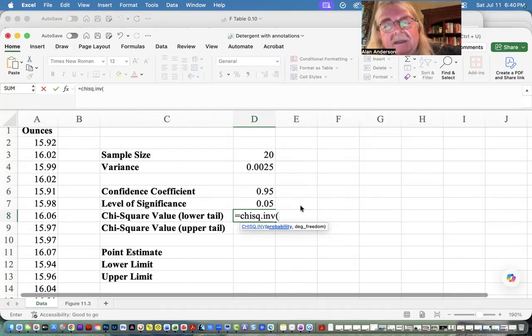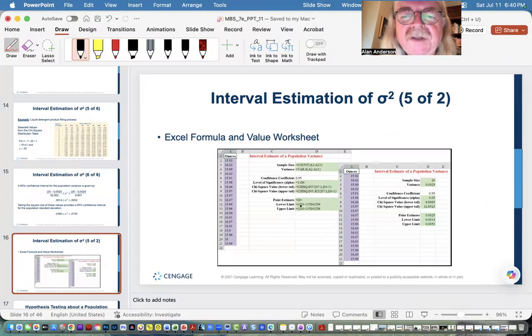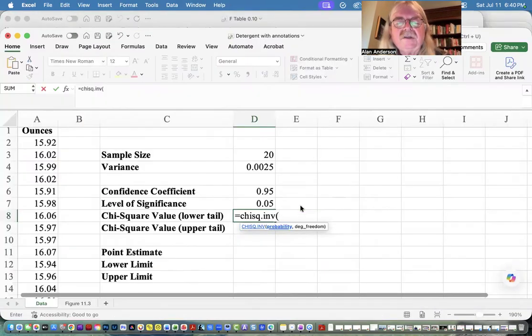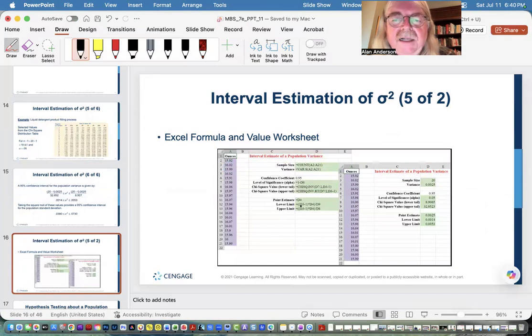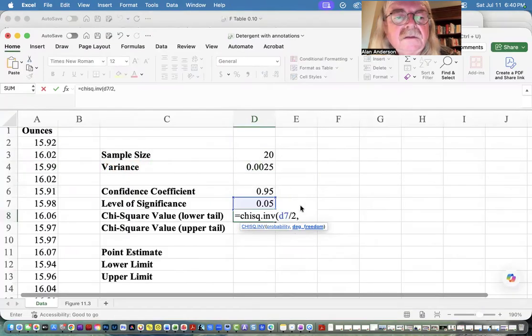And Excel has it, but the calculator doesn't. CHISQ.INV, D7 over 2. So in other words, that's alpha over 2. And degrees of freedom, sample size minus 1.